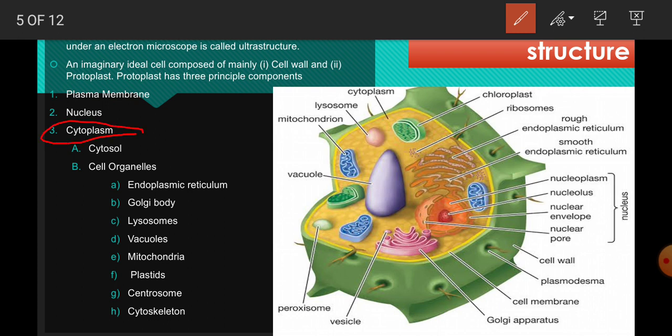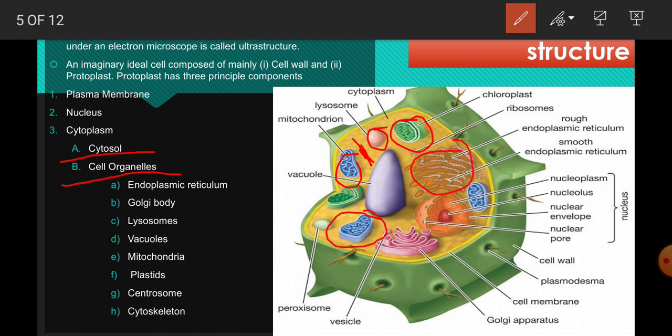So everything here is cytoplasm. And in the cytoplasm, there are two main parts: cytosol, which is the fluid part, and cell organelles. These smaller parts floating in this fluid are called cell organelles.